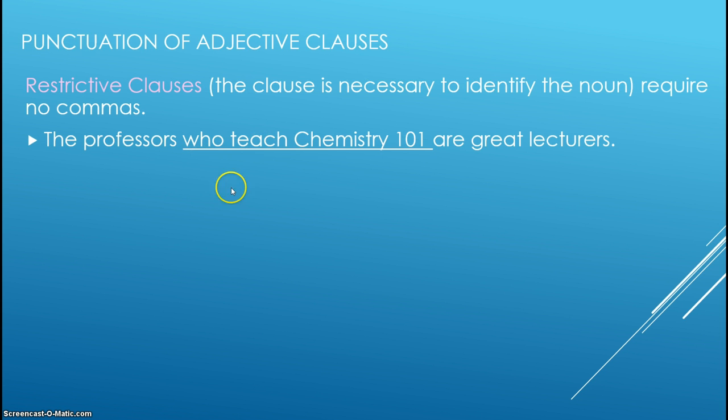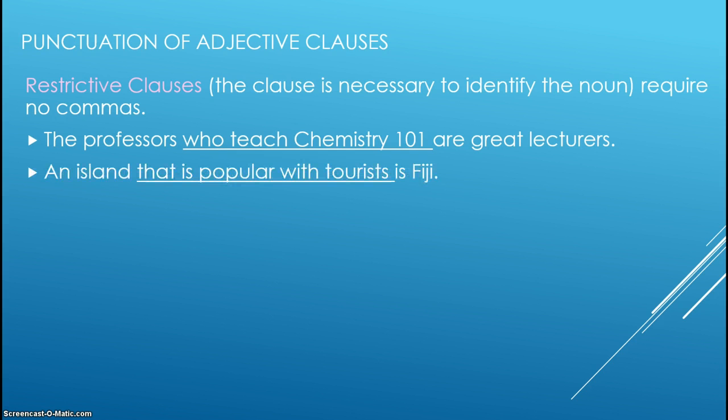No commas, it's necessary information. It's our usual adjective clause that we've been seeing so far. An island that is popular with tourists is Fiji. Our independent clause is: an island is Fiji. Obviously, that doesn't seem to be the main point of the sentence. Something there is quite missing.